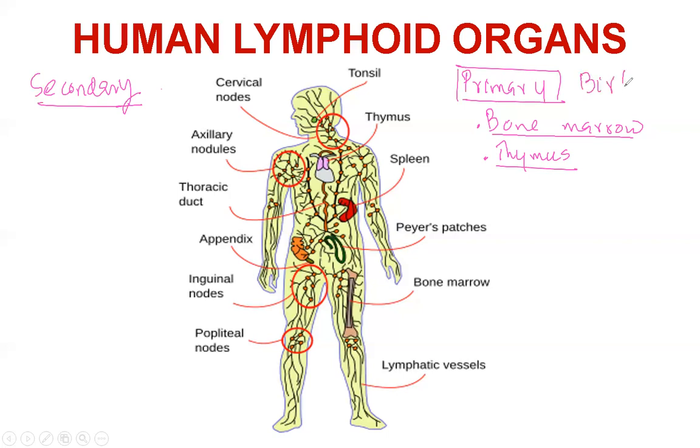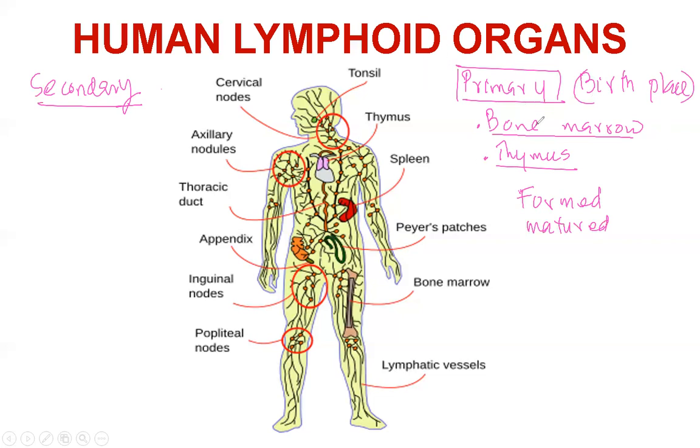They are born here. The birthplace is called primary, and the military school is known as secondary. So what happens in primary lymphoid organs? Here lymphocytes are formed and they are matured. Matured means they get bigger and ready to move into the blood, right?